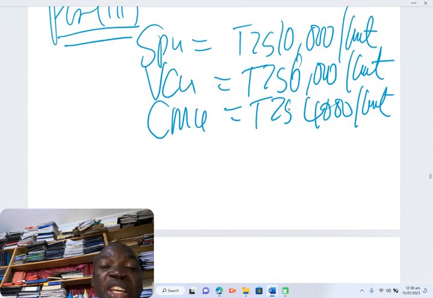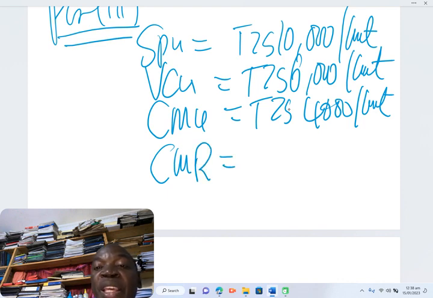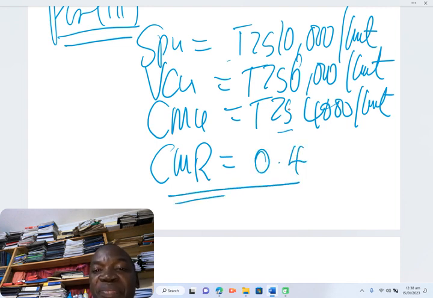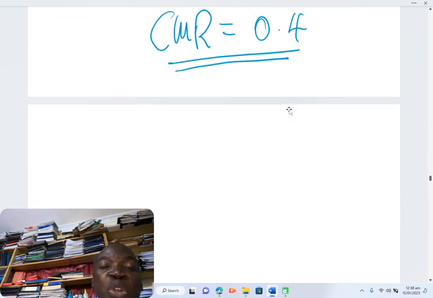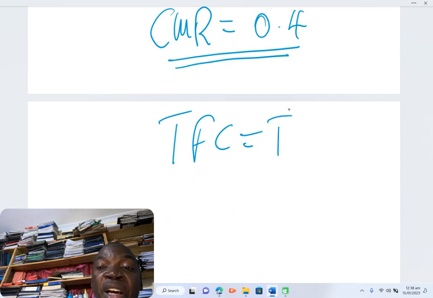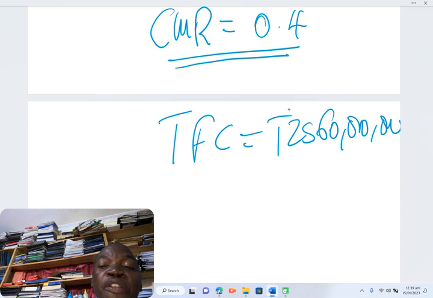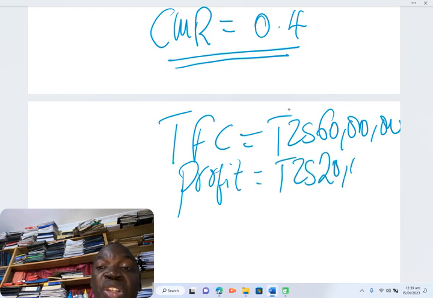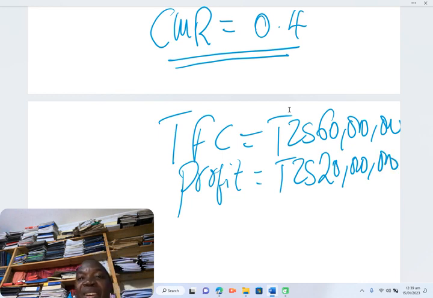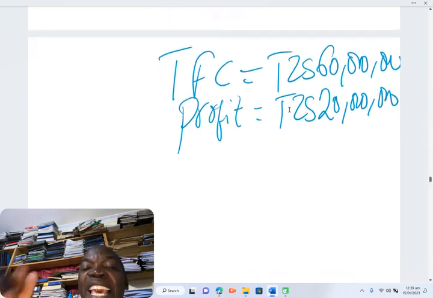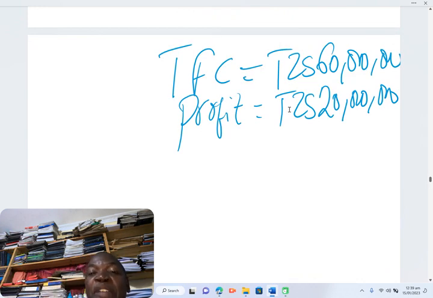Accordingly, you have the CMR. The CM ratio is 4,000 divided by 10,000, which is 0.4 or 40%. We have total fixed cost given as 60 million, and the profit targeted is TZS 20 million. Now, the problem here is the targeted sales revenue.